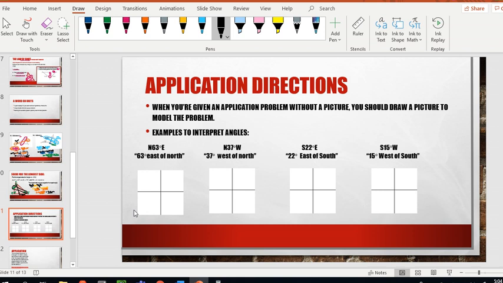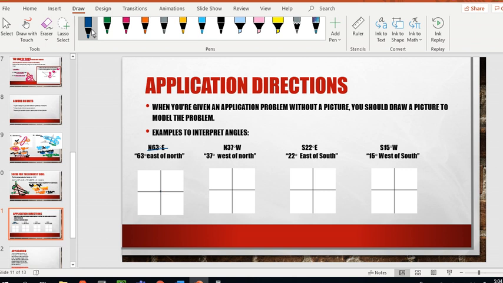Okay, so application direction and directions. A lot of times when you're doing application problems in these, the only way to do it is that it talks about north, south, east, and west. So the only reason we did this is so that it would help some of you on those type problems. All right, the correct way to write it is north 63 east.